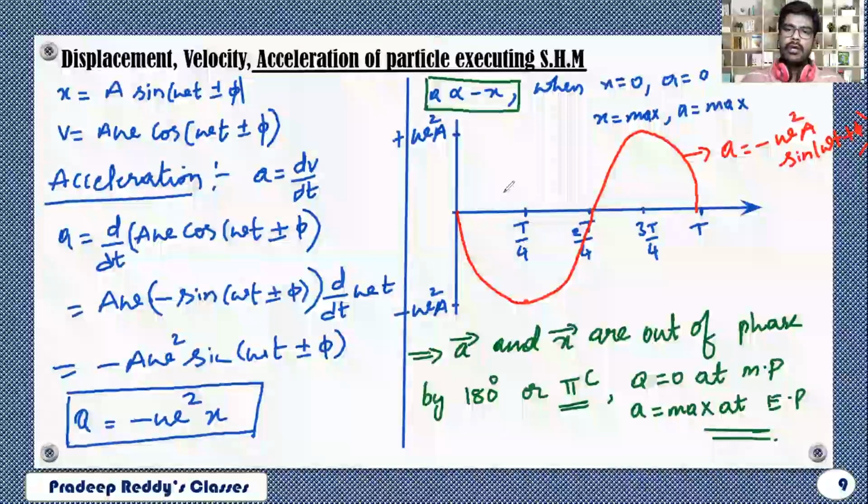If you are able to prove this condition, we can clearly tell that it is simple harmonic motion. And acceleration and velocity are out of phase by 90 degrees. Acceleration and displacement are out of phase by 180 degrees. Okay, so this is about acceleration of the particle executing SHM.